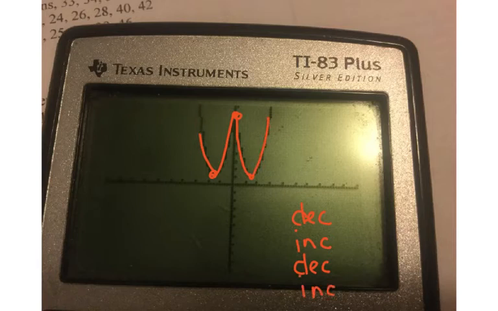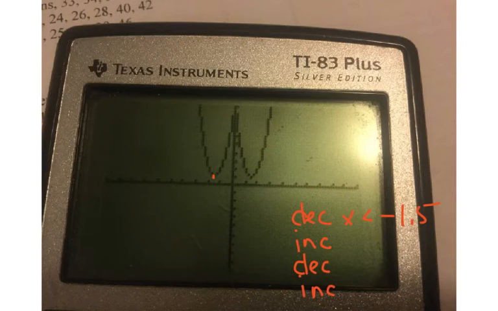Now, the way this is going to work is the first interval is always going to be x is less than some number. Well, less than what is the question? Well, I want you to notice that the x value appears to be at about negative 1.5. So we'll just go with that.